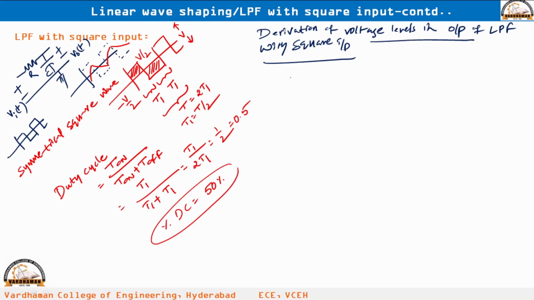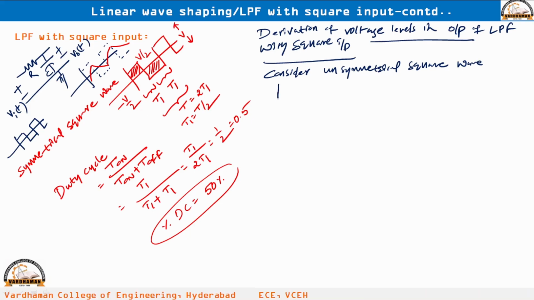I am taking the output, but here I am considering an unsymmetrical square wave. If we take the conditions of the symmetrical square wave, then you can get the exact outputs for the symmetrical square wave also. So, first we will consider the unsymmetrical square wave.